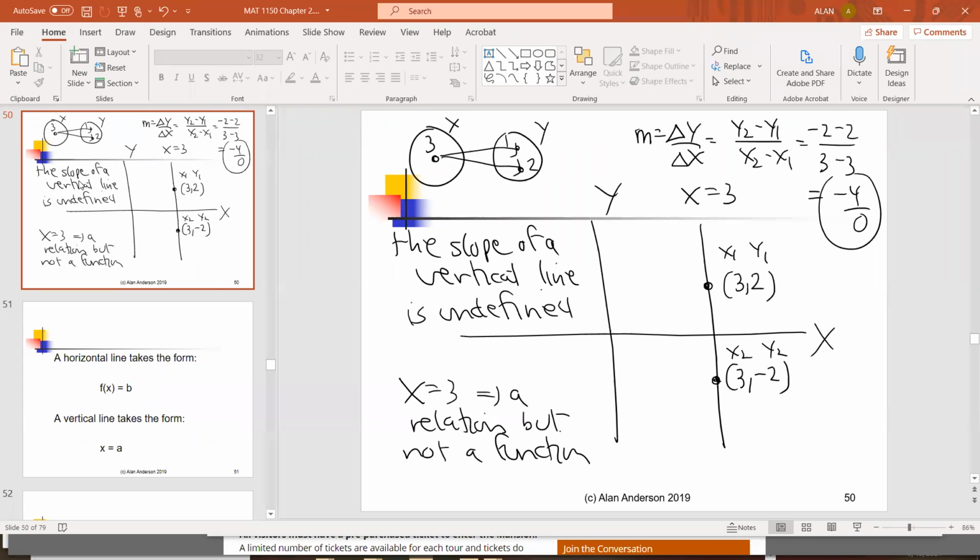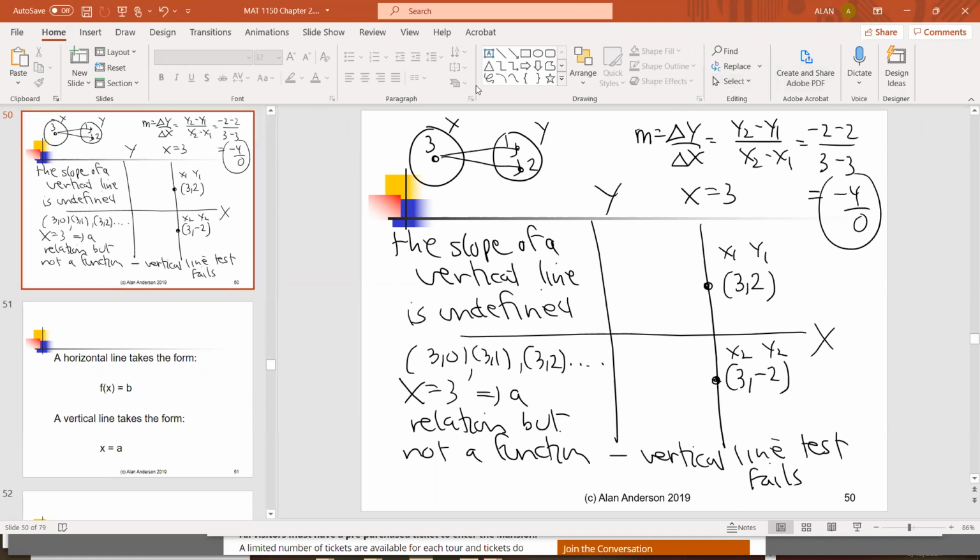So it not only has no slope, but it doesn't even qualify as a function. And in fact, you might remember the vertical line test tells us whether or not we have a function. The vertical line test fails. Okay, so this is not a function. It's simply a relation. It's a set of ordered pairs like 3, 0, 3, 1, 3, 2, et cetera, et cetera.